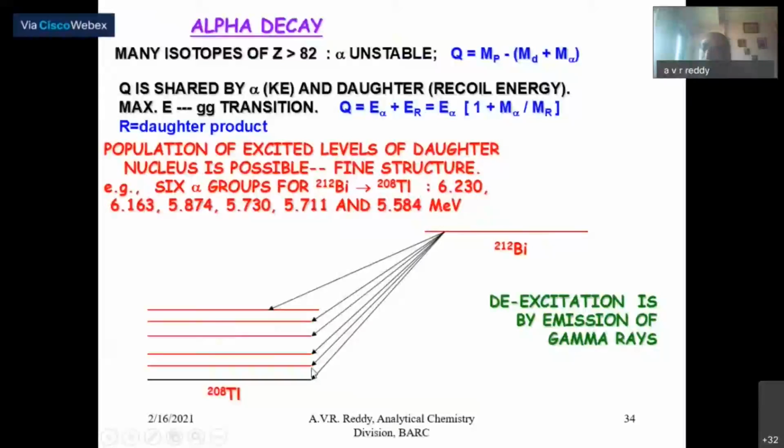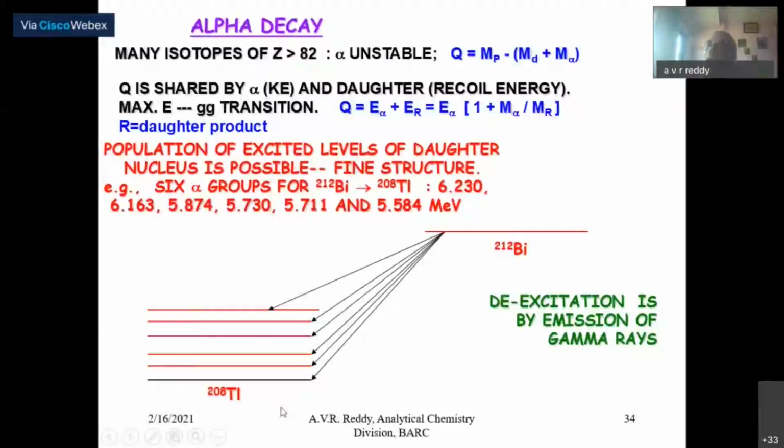In those days, there were no alpha spectrometers. It was quite tough, because they had to do it from the ranges. They have done it.